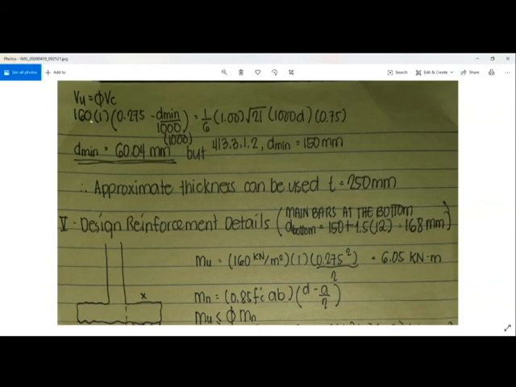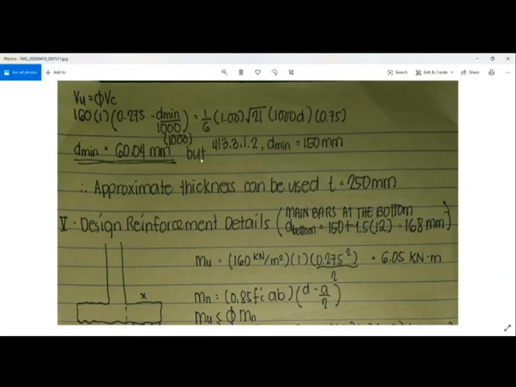So our VU here is in Newton, VC is in Newton, and we multiply it by 0.75 also. This is our phi, 0.75. They are all just the same. We are analyzing shear here, so 0.75 is the value of phi from the code. Our D minimum, when we equate them all together, is equal to 60.04 millimeter.